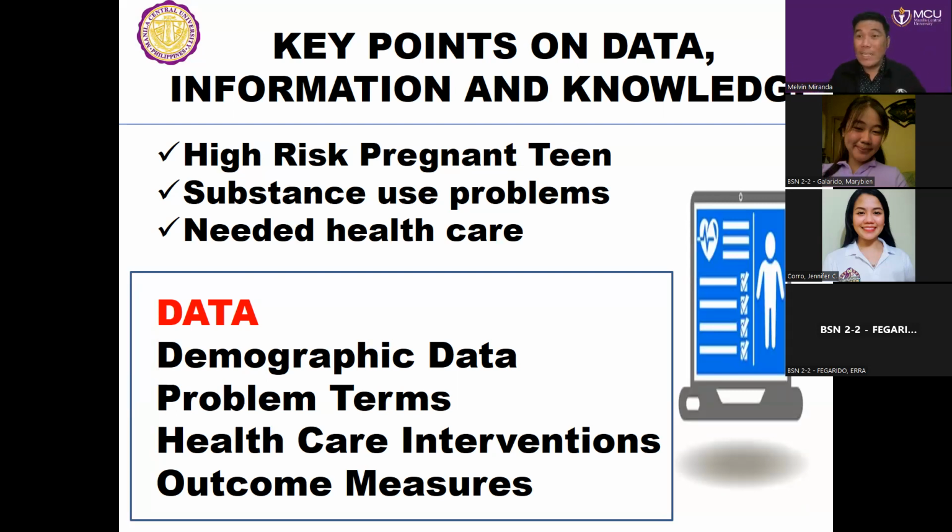The high-risk pregnant teen as the patient is specific, and that is information. Demographic data is very generic, you need to know more about the profile of the patient. But if it answers the situation, high-risk pregnant teen, that is information.